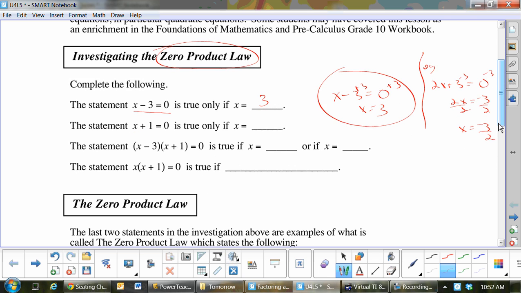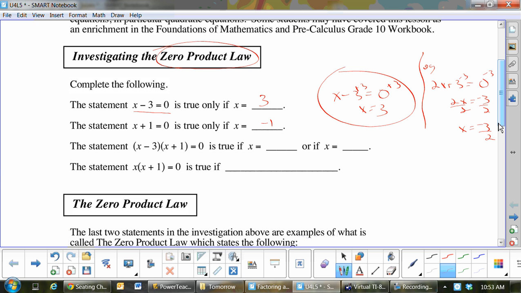Now, how about x plus 1 equals 0? What would x have to be to make this true? Negative 1. Now, if I had x minus 3 times x plus 1 equals 0, what would make this true? 3? But then I've got 3 plus 1, I've got 4 in there.